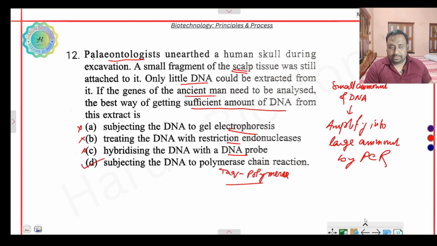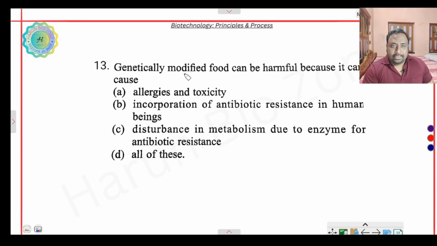Next question is, genetically modified food can be harmful because it can cause allergy and toxicity. Maybe sometimes they cause toxicity and allergy. Incorporation of antibiotic resistance in human beings, disturbance in metabolism, and due to enzymes for restriction, antibiotic resistance, all of this.